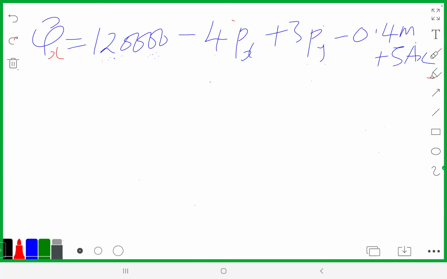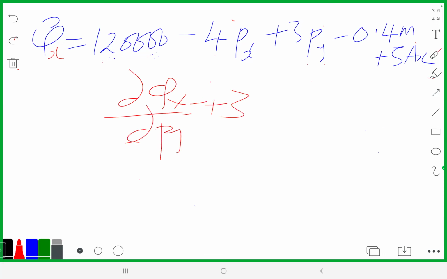Okay, we didn't conclude on this one. When we solved this one, we found dQx over dPy was positive 3, and we concluded that this is a substitute good, isn't it?